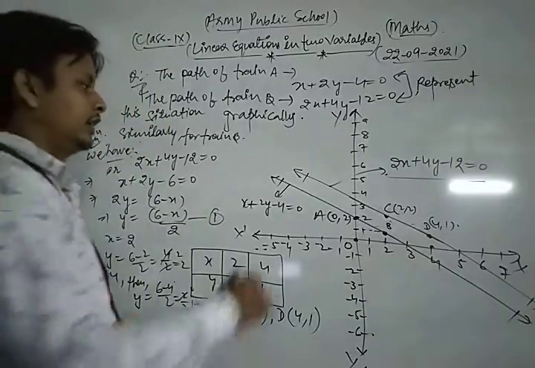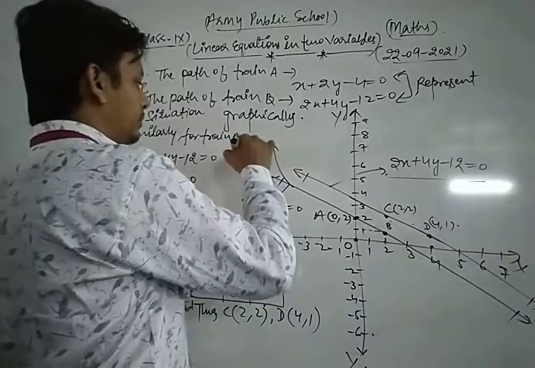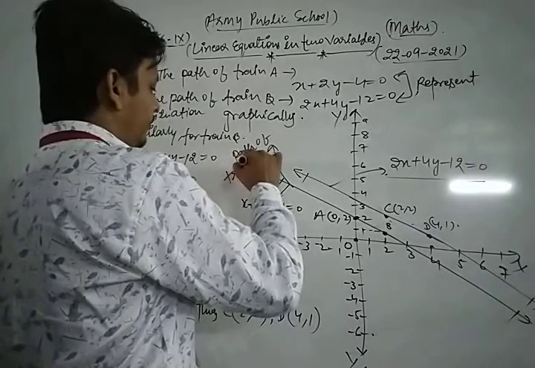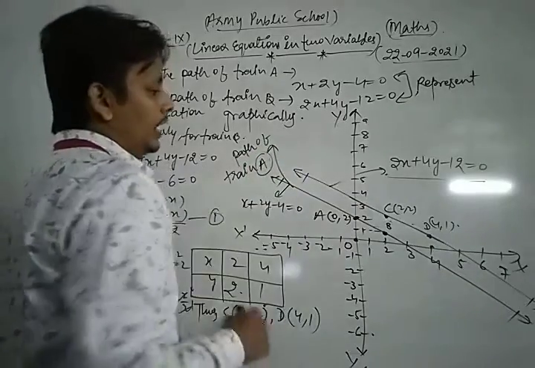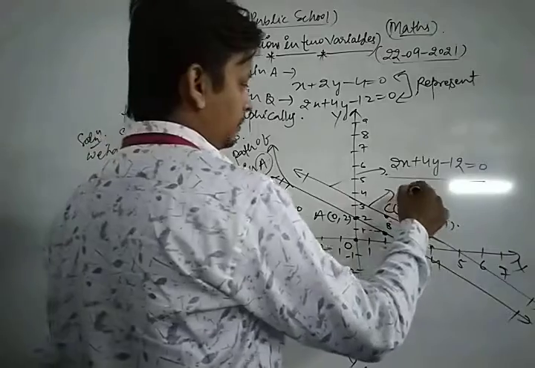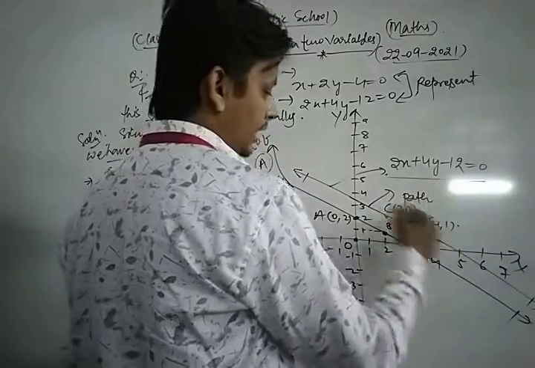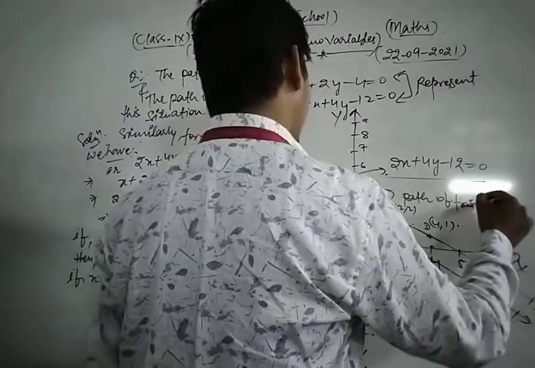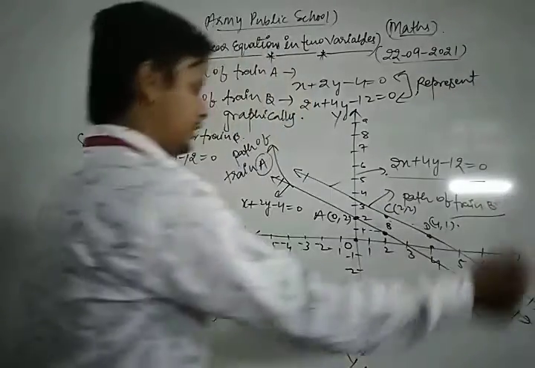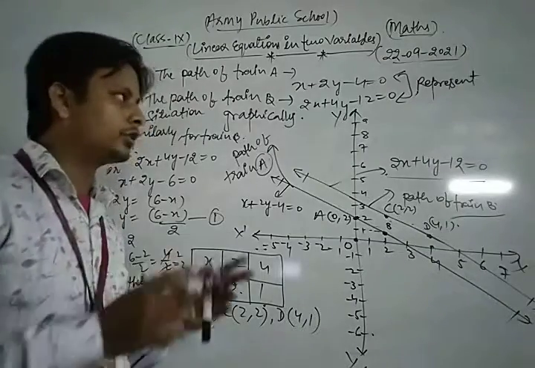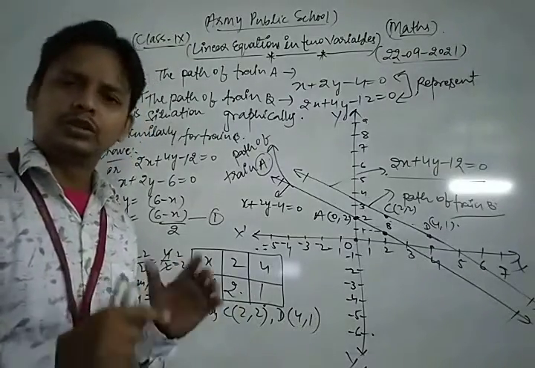So this first line is the path of train A, and this line represents the path of train B. This is the complete solution of the given question, and it is very easy.